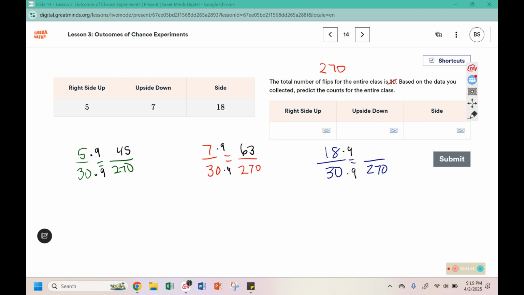And 18 times 9 is 162. We can double check our math by making sure that when we add these 3 values together, we get a total of 270.